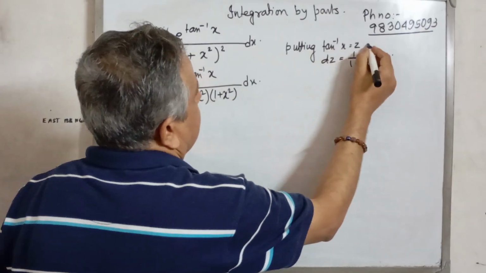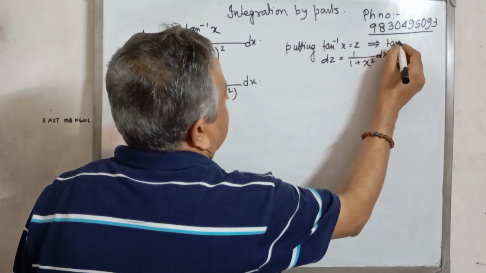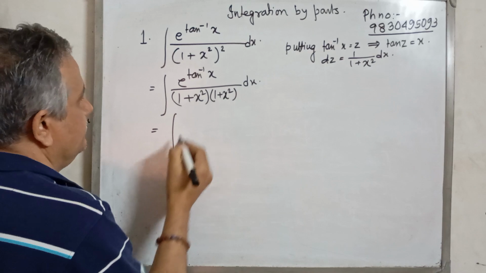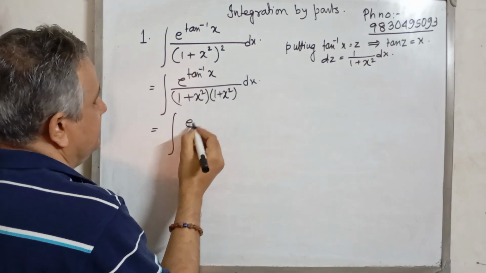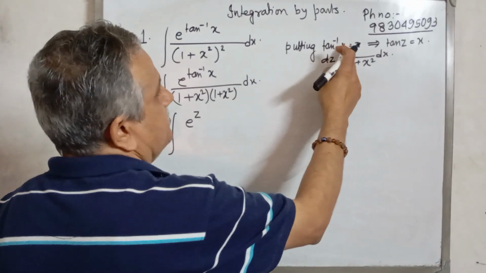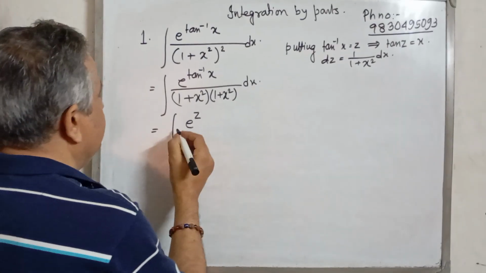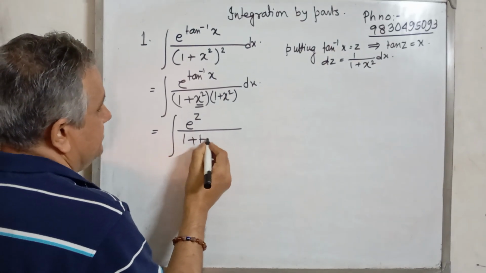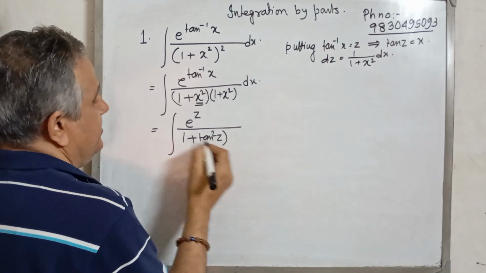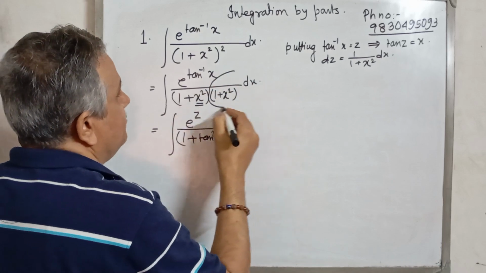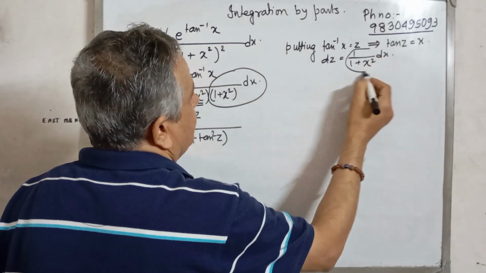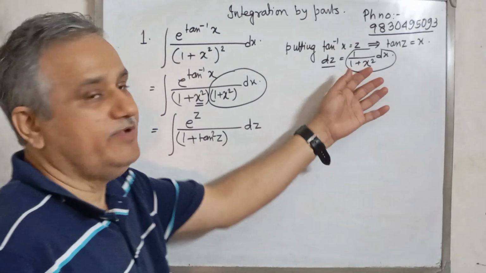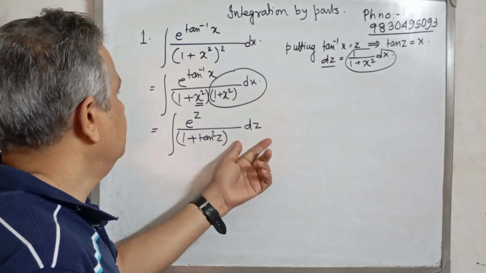Now from here we can write tan z is equal to x. So now substitute the value: e to the power tan inverse x is e to the power z, because tan inverse x is z, and x can be replaced as tan z, so that it is 1 plus tan square z. This dx by 1 plus x square we can write as dz.